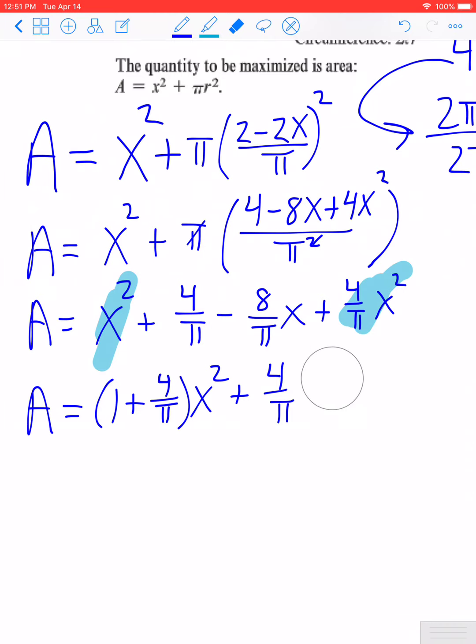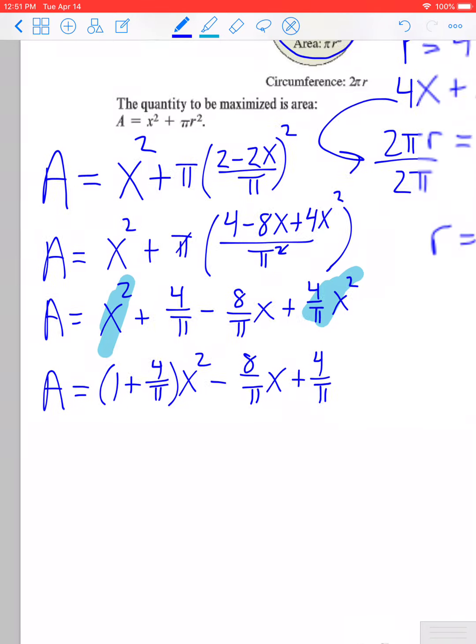And actually, I'll move the x term here, so it's in standard form, decreasing powers of x. So this is our area function expressed in terms of the variable x. So it is a function of a single variable.